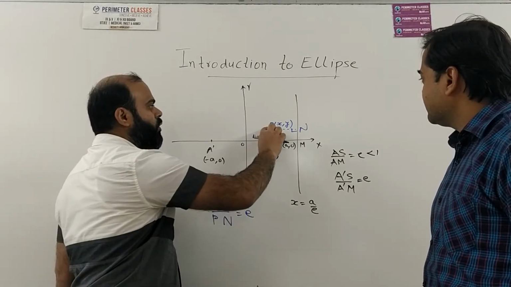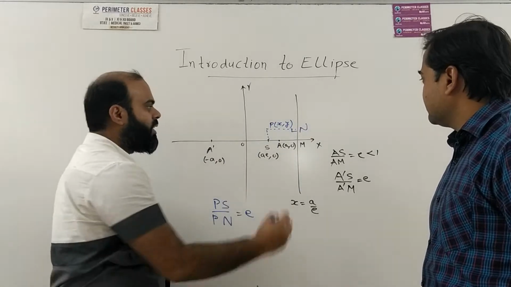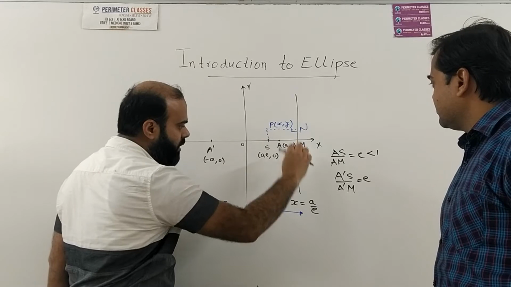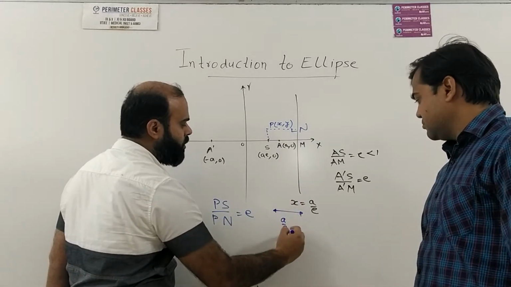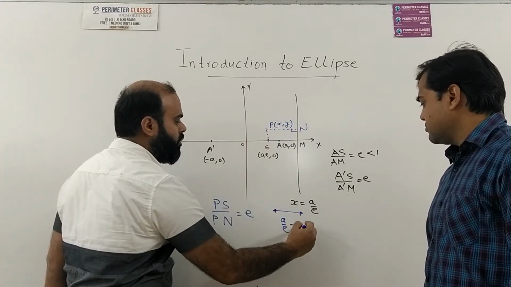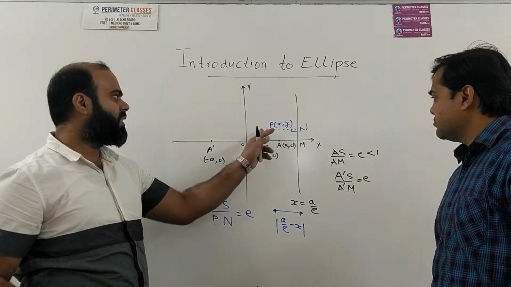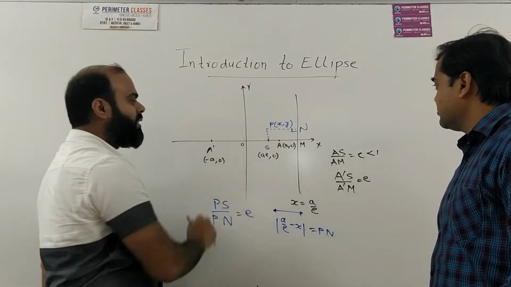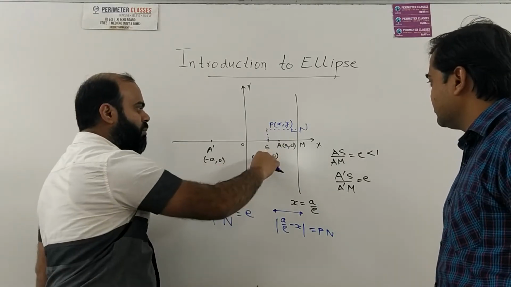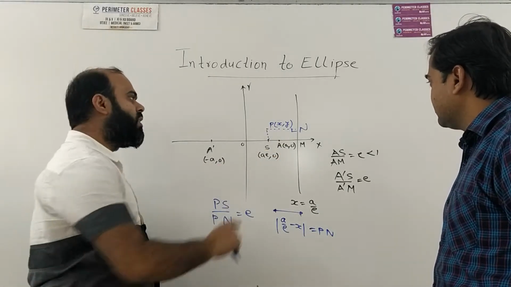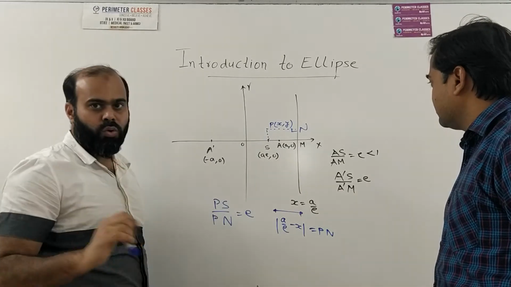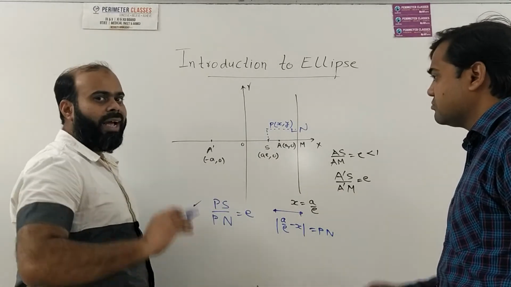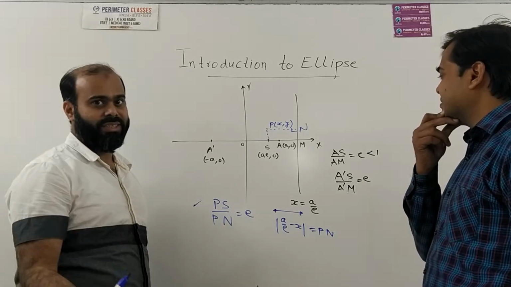We also know the distance of this point from this line, which is simply a/e minus x, in modulus. This is the distance PN, and we also have this distance PS from the distance formula, which is the square root of (x minus ae) whole square plus (y minus 0) whole square. So we will put those values and then go for simplification.